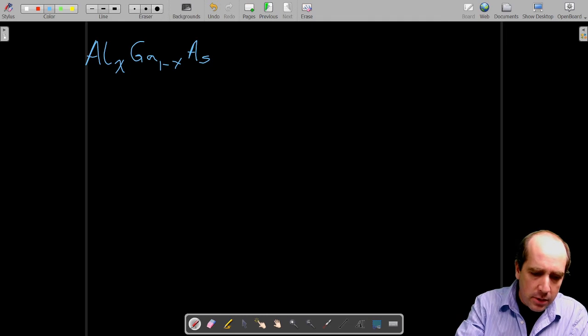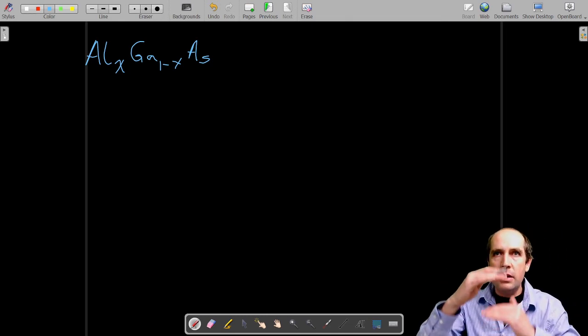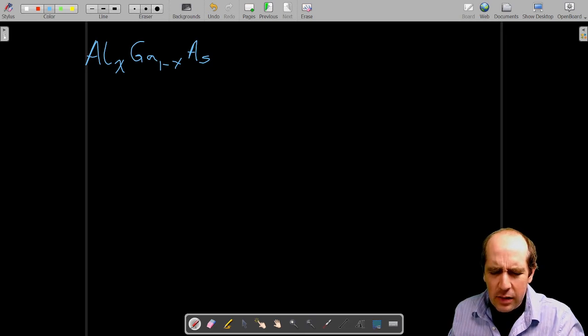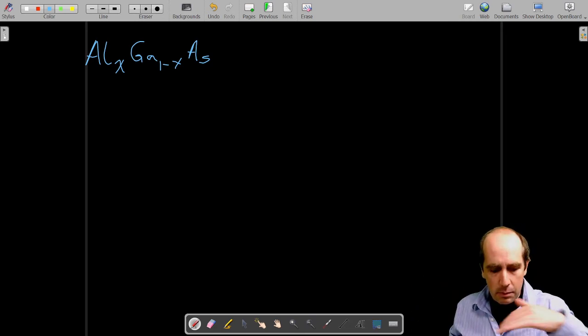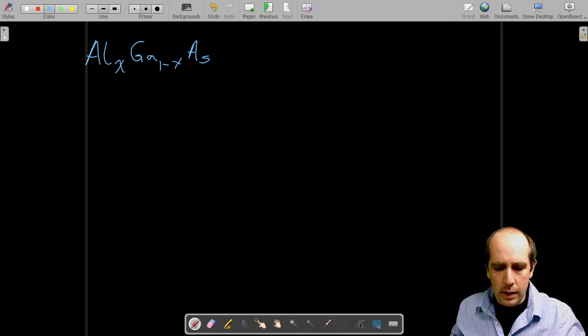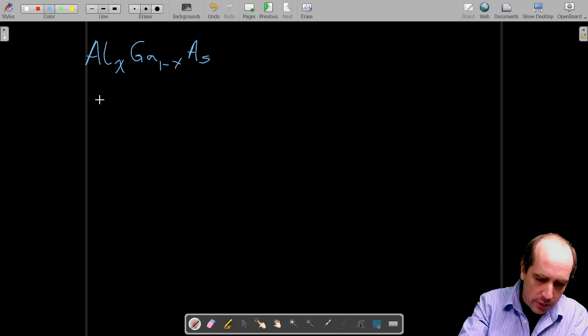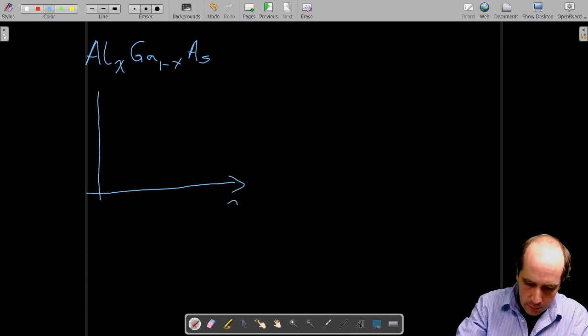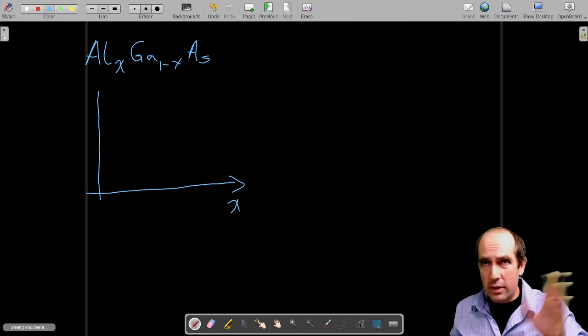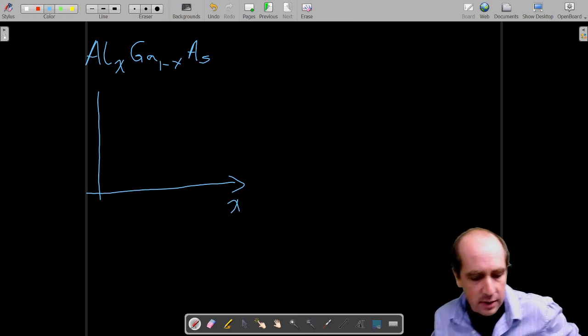Just for you to have an idea, the band gap, the separation between the minimum of the conduction band and the maximum of the valence band, behaves like this as a function of the alloy fraction. If we put here the alloy fraction, this is not the position, this is not x, it is the alloy fraction.